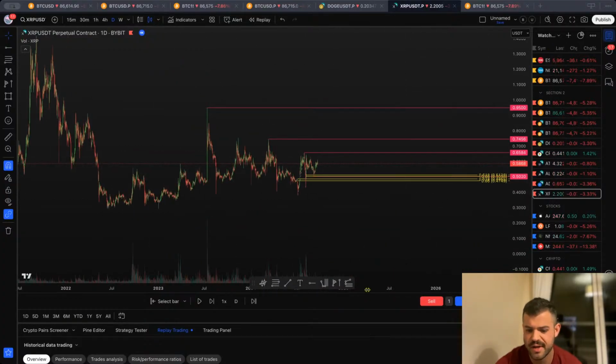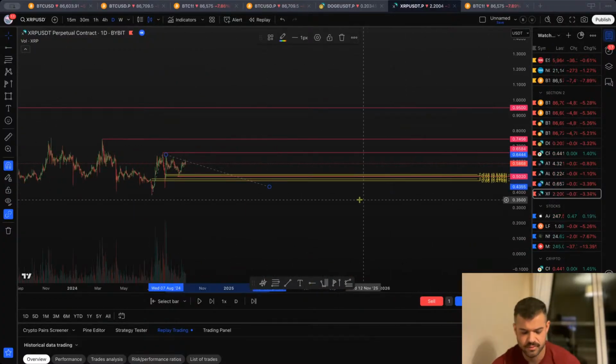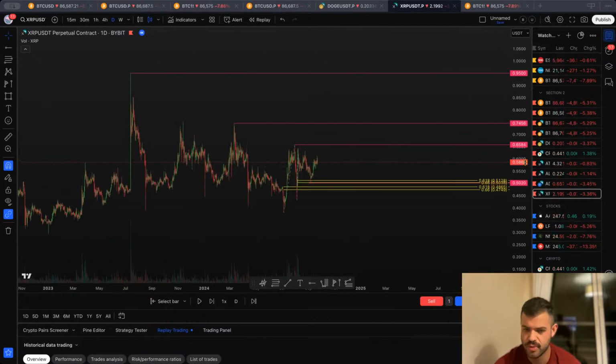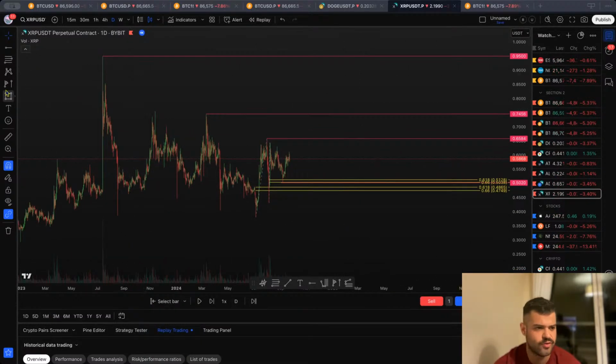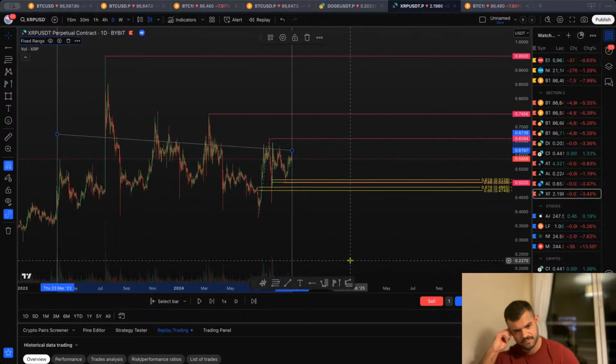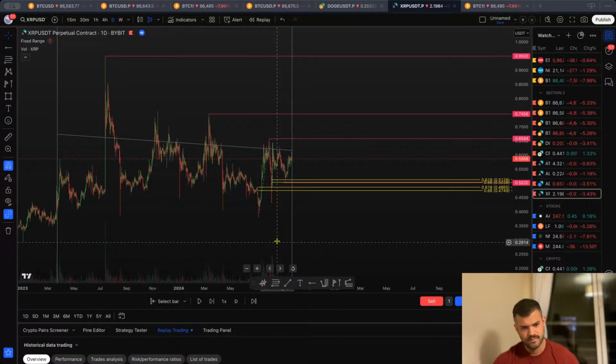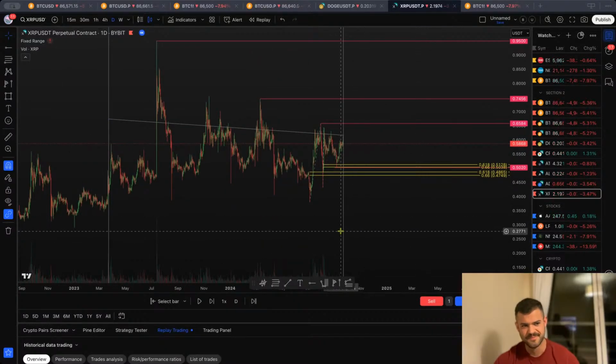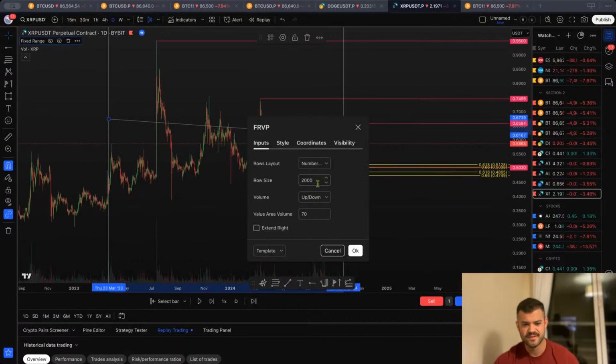So we're also going to pull a fixed range point of control of this range to see where that would come in at after some hours. Oh, there's too many ticks. Let's make it 1,500.